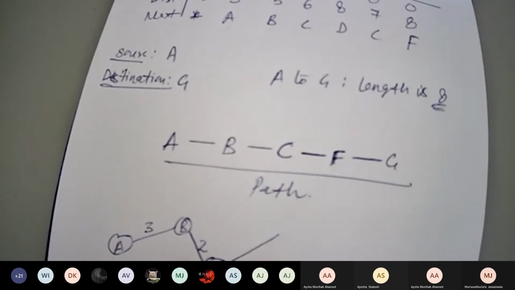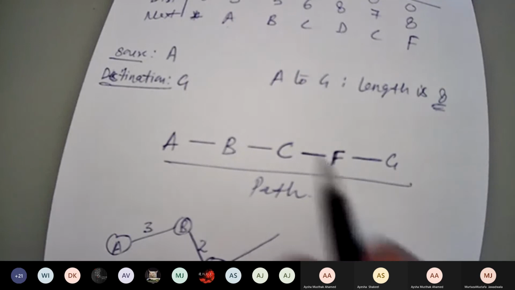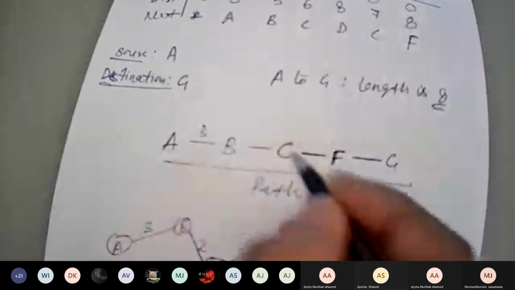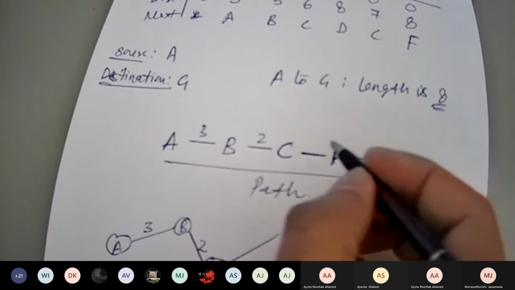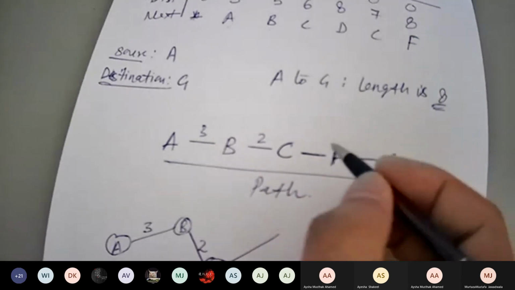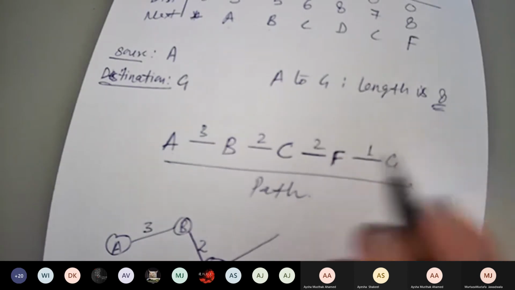That's how you are getting 2 plus 3, 5, plus 2, 7, plus 1, 8. So A to B is 3, B to C is 2, C to F is 2, F to G is 1.